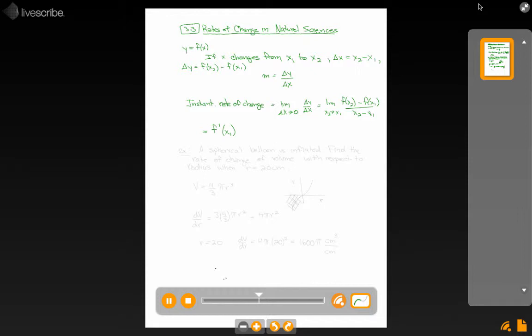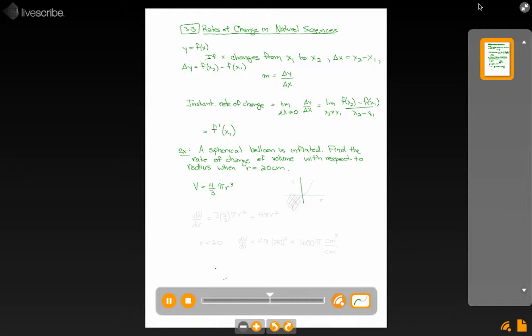So here's our first example. To simplify our lives a little bit, I've called this a spherical balloon. That way we can use the equation for the volume of a sphere instead of trying to figure out the unusual shape of most normal real balloons. You'll have on your formula sheet that volume equals 4/3 pi r cubed for a sphere.